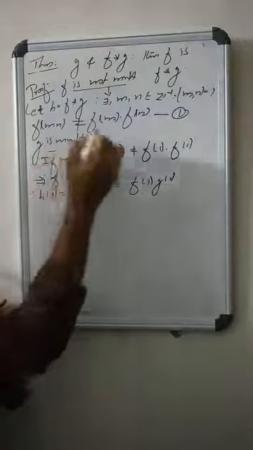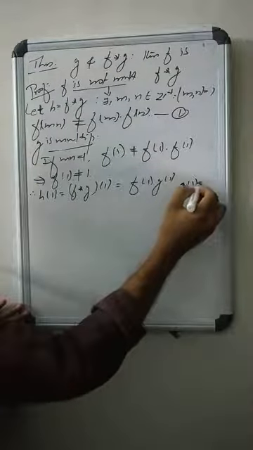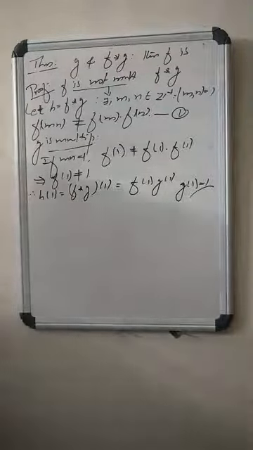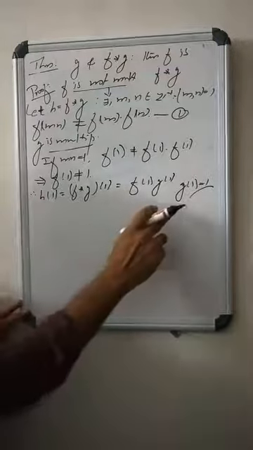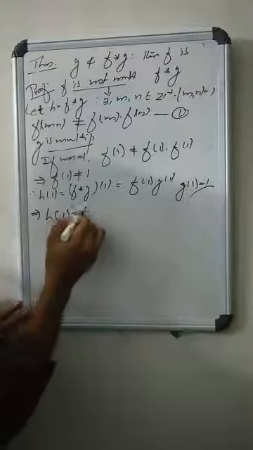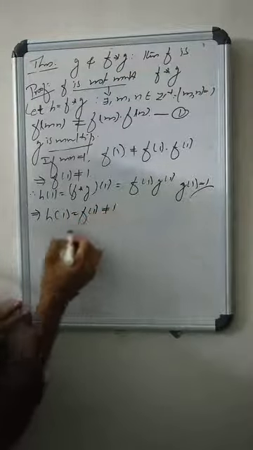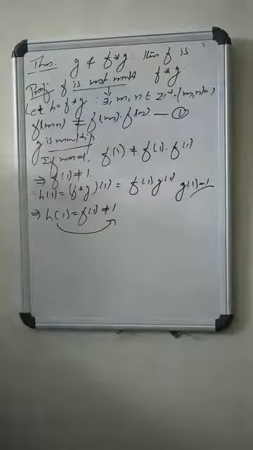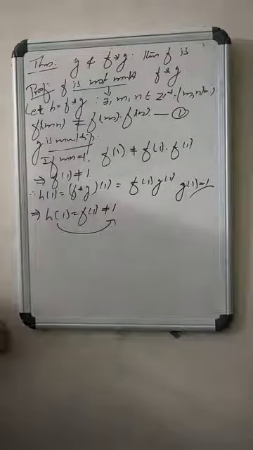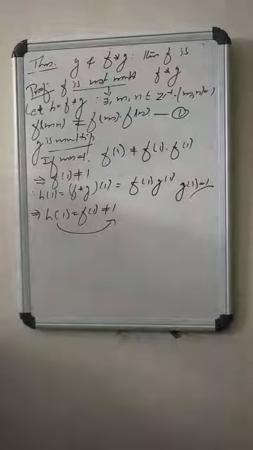But g is multiplicative, and we already proved that when an arithmetic function is multiplicative, its value at 1 is 1. So g of 1 equals 1, and h of 1 equals f of 1. But f of 1 differs from 1, so h of 1 differs from 1. Hence, according to that result, h is not multiplicative, meaning f star g is not multiplicative. That is, when f is not multiplicative, f star g is not multiplicative when mn equals 1.